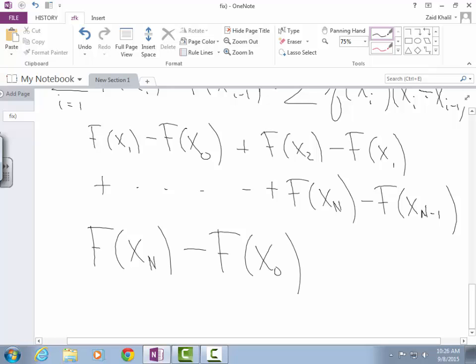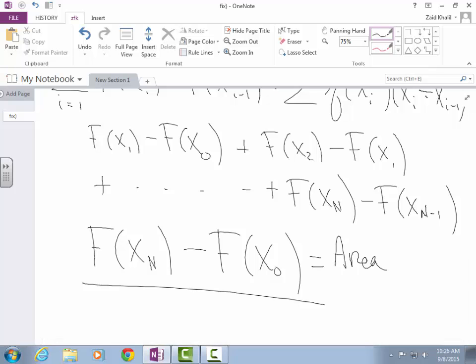That is the area under the curve. Right? But what is big F called? Big F is the function whose derivative is little f. In other words, big F is called the antiderivative.